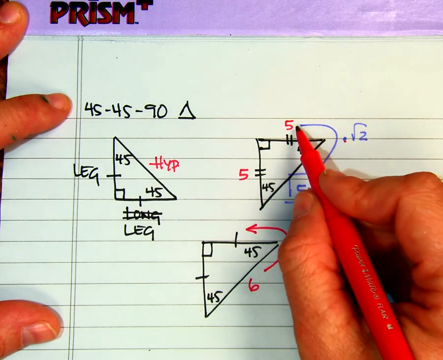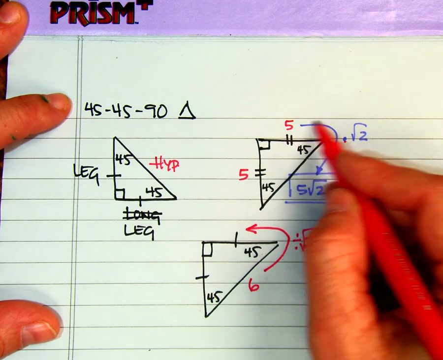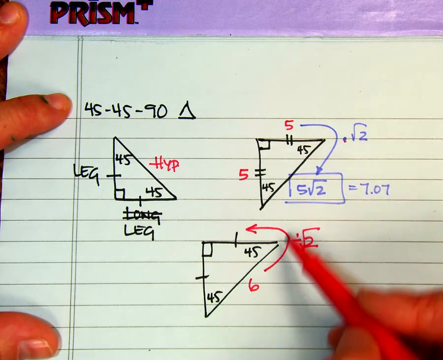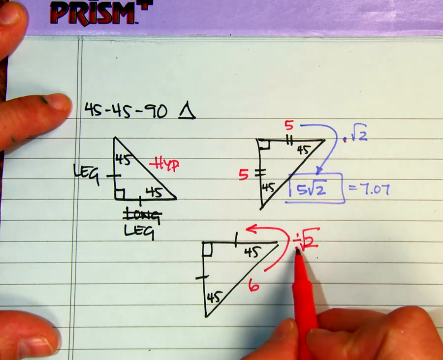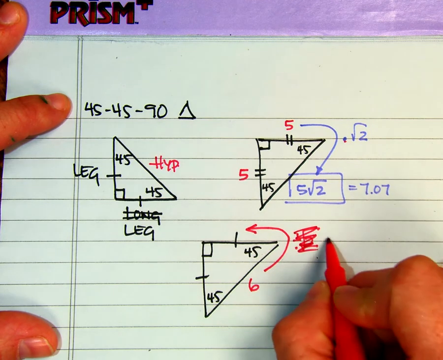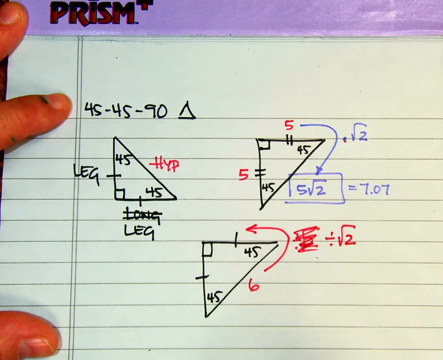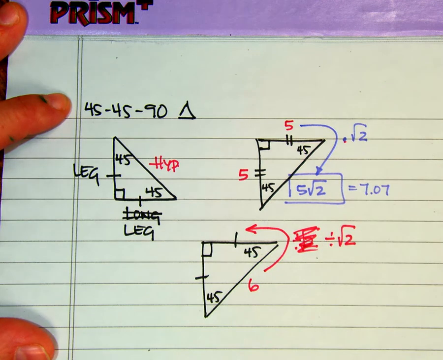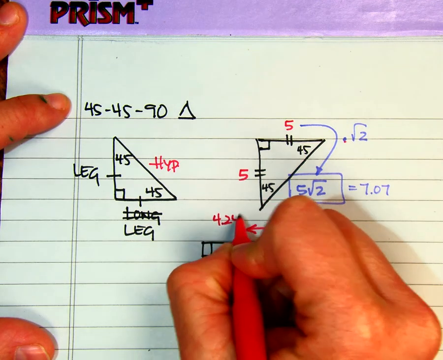If I am going from a leg to the hypotenuse, I am going to multiply by radical 2. If I'm going backwards, I need to divide by the square root of 2. So again, in my calculator, I would type in 6 divided by the square root of 2 and get a decimal value of about 4.24.